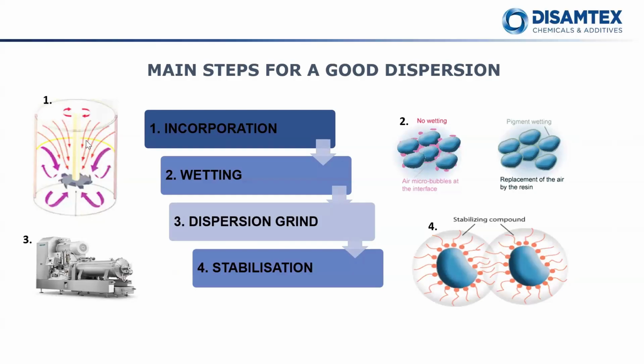And the dispersion grinding step applies mechanical energy to break down agglomerates to the target particle size. And finally, the fourth step, stabilization, keeps the particles separated over time, avoiding flocculation, settling, and viscosity drift.